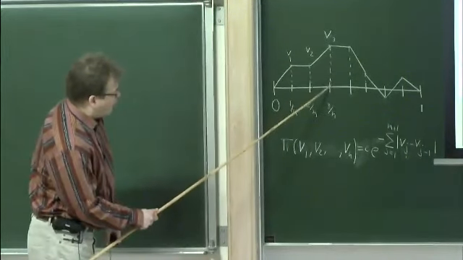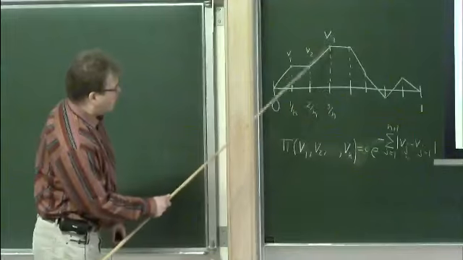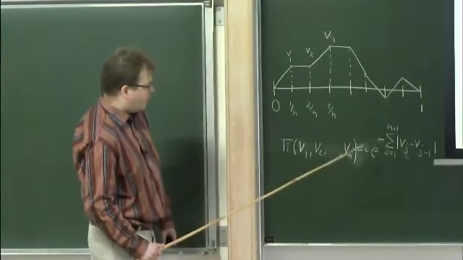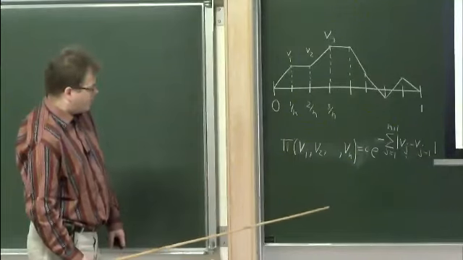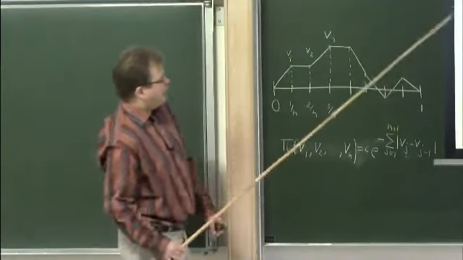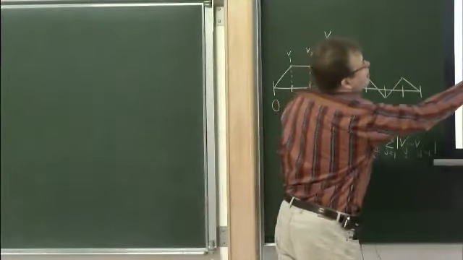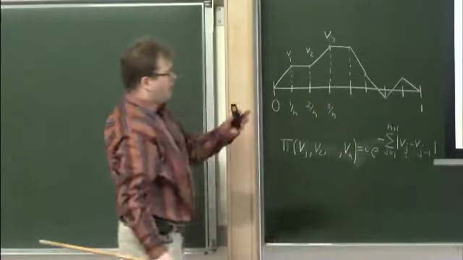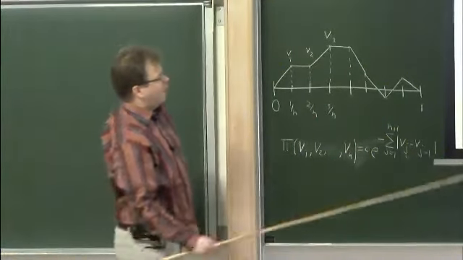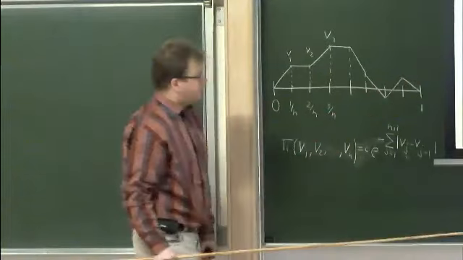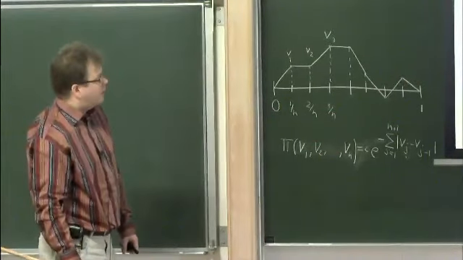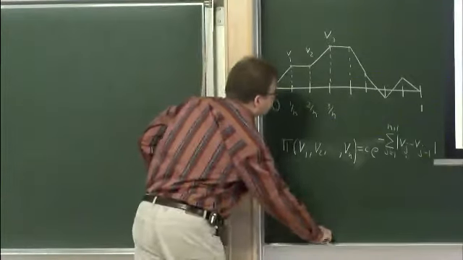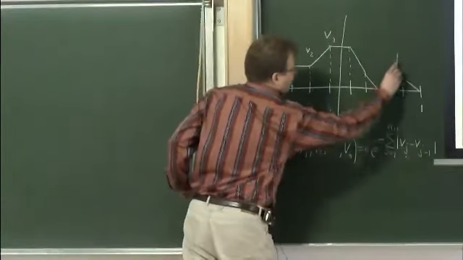At each point here, like 3 over n, it has value v3. And then I consider this total variation prior. I take the neighboring values, sum them together, multiply with a constant that is like a regularization parameter, and compute the exponent of that. Then I consider a measurement where I evaluate this function at some points, for instance, here and here.